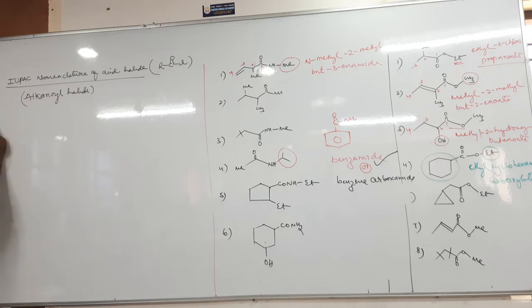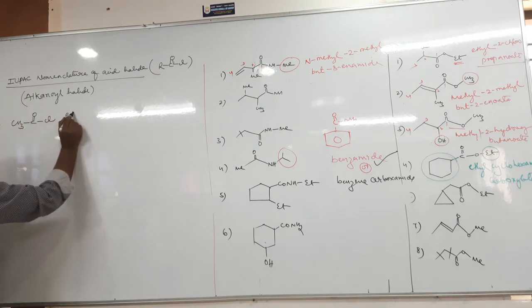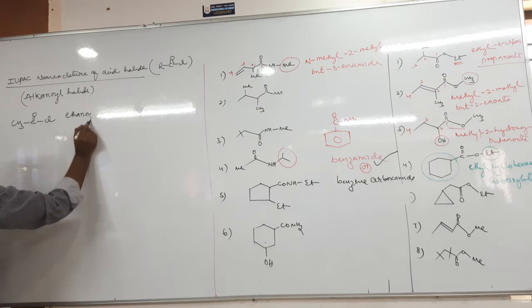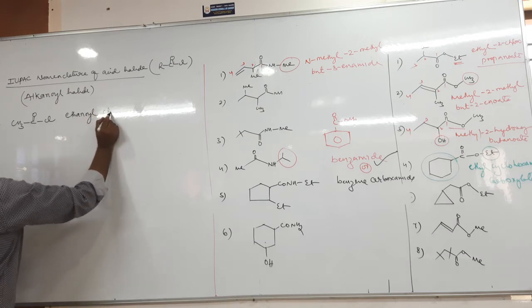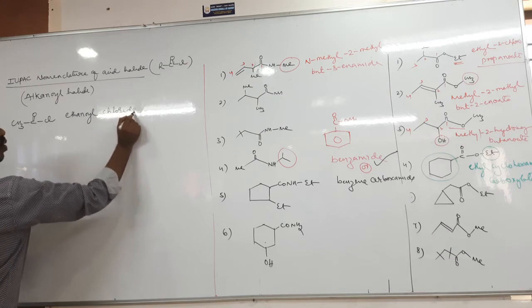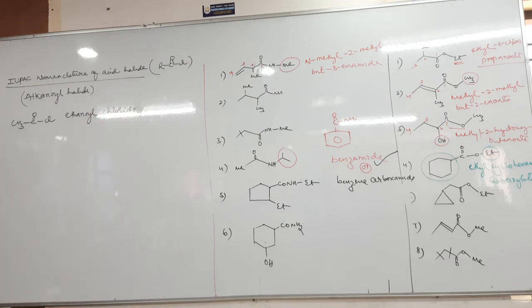Right, for example, CH3 C double bond O Cl. Alkanoyl, which alkanoyl here? How many carbons? 2 carbons, no, therefore ethanoyl chloride, right? Ethanoyl chloride.